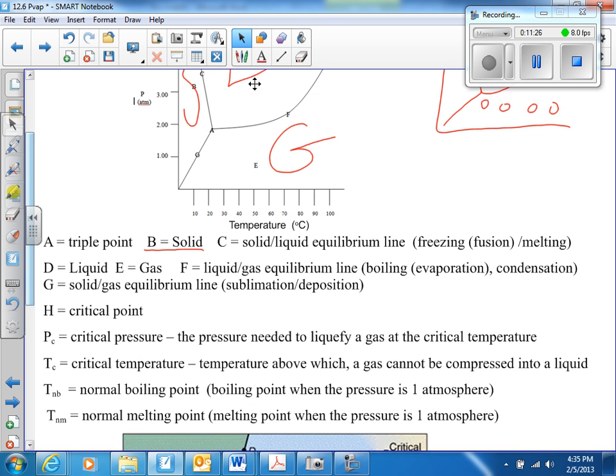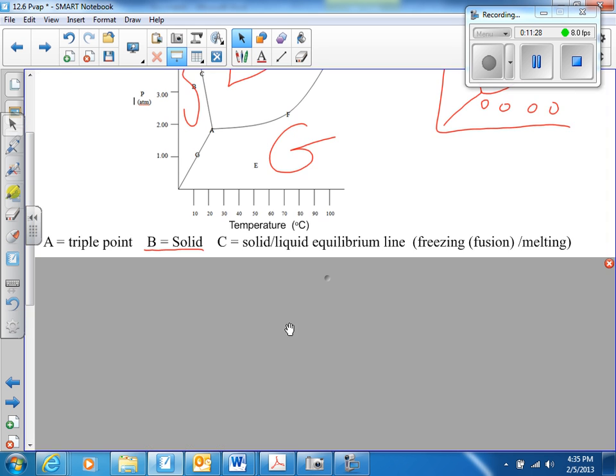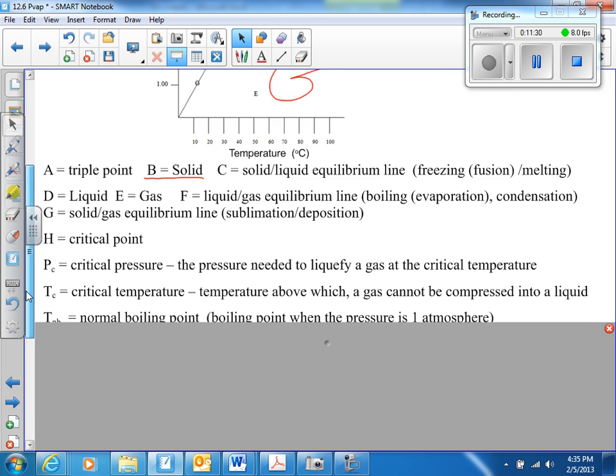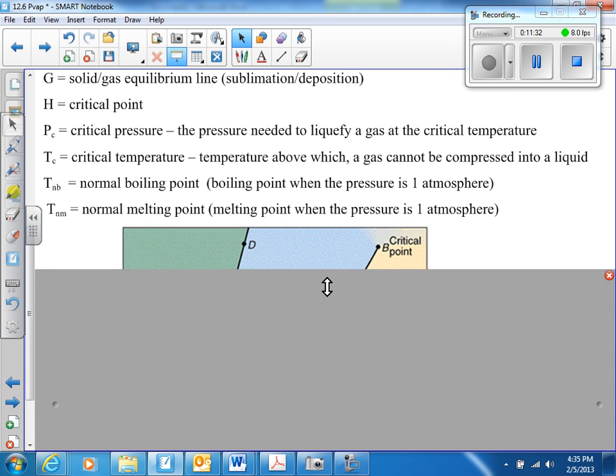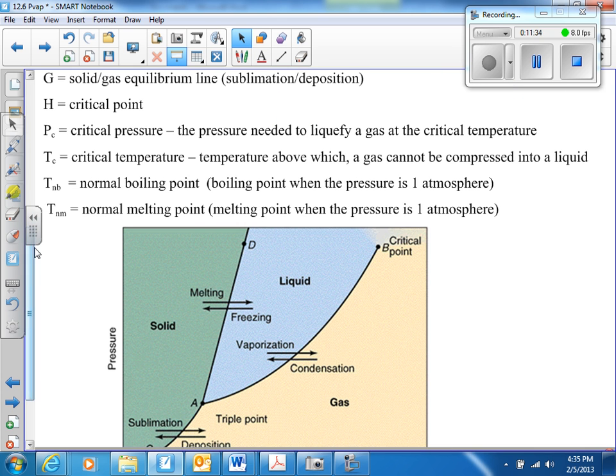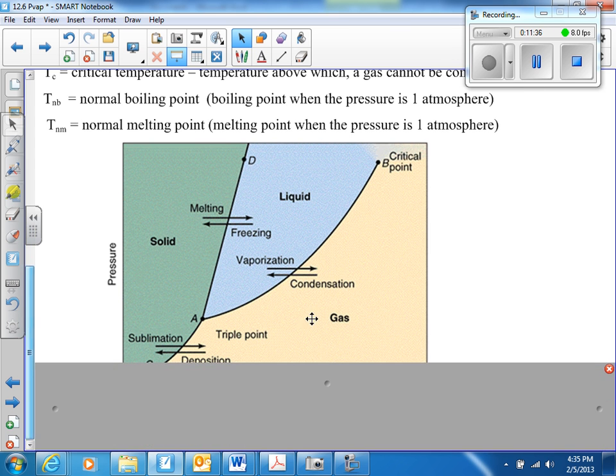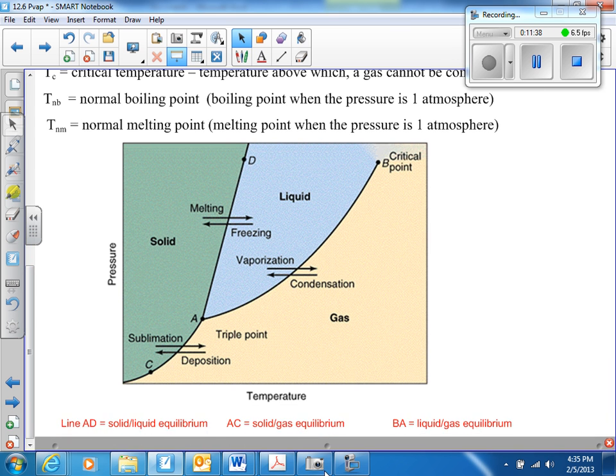Oh, hang on, let's bring this back. I didn't realize. There's some more information about phase diagrams. This is another picture showing you almost exactly the same information. It's just showing you which direction you're going for vaporization would be liquid to gas, condensation would be gas to liquid, sublimation, this word, solid to gas.